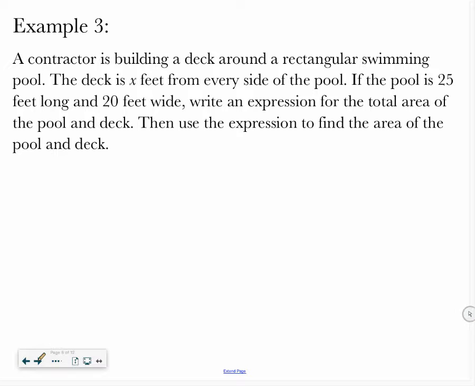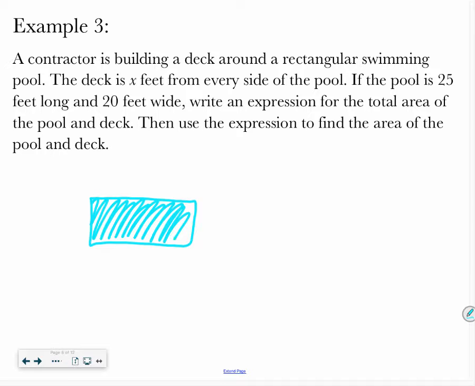Let's look at a word problem now. We were talking about a contractor who is building a deck around a rectangular swimming pool. Okay, so I'm going to draw myself a rectangular swimming pool. All right, and we're building a deck around that. Remember when it's word problems, a lot of you have been coming and asking for help lately, which is good, but a lot of times I usually tell you, start by drawing a picture.